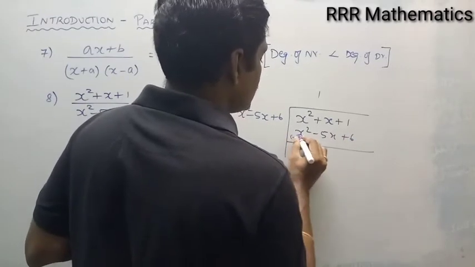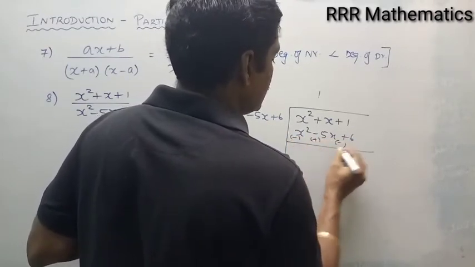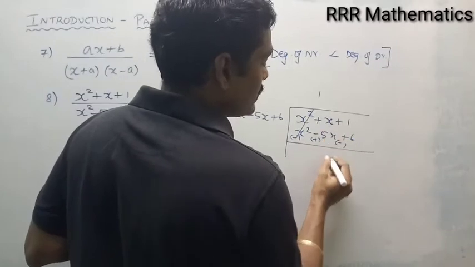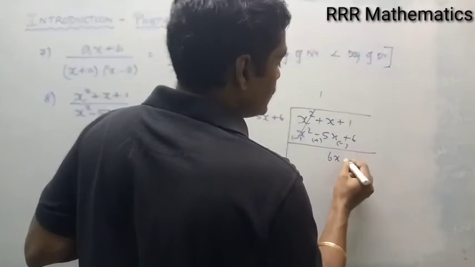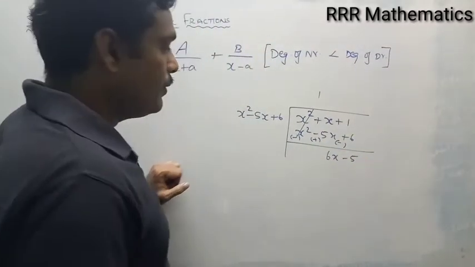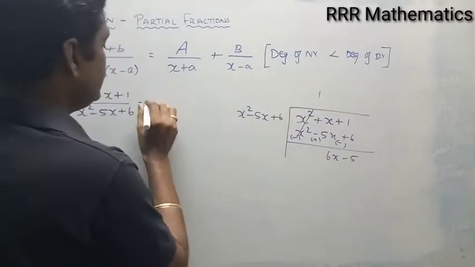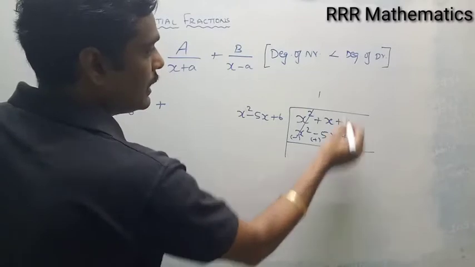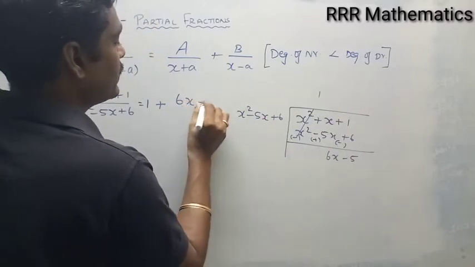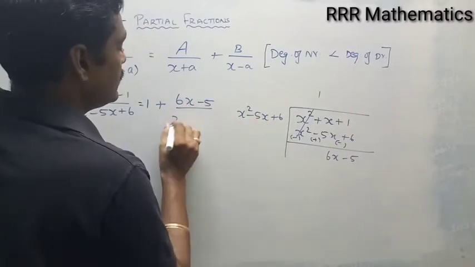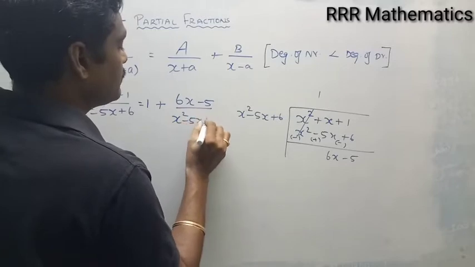I think you remember this from 9th standard. Change the sign. It gets cancelled. 5 plus 1, 6x. 1 minus 6, minus 5. So in this case, I can write 1 plus, in mixed fraction format, 6x minus 5 by x square minus 5x plus 6.